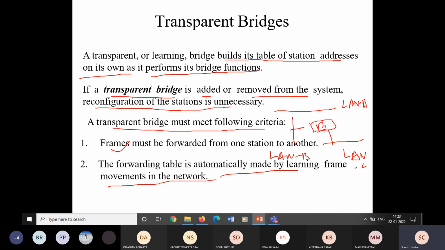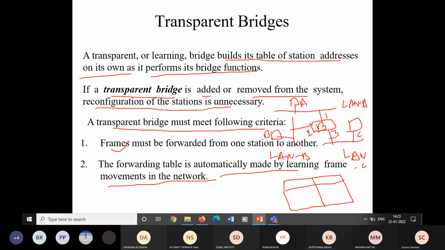So like this, 1, 2, and 3. I'll consider only 3 systems here: A, B, and C. At the bridge we will have the forwarding table.